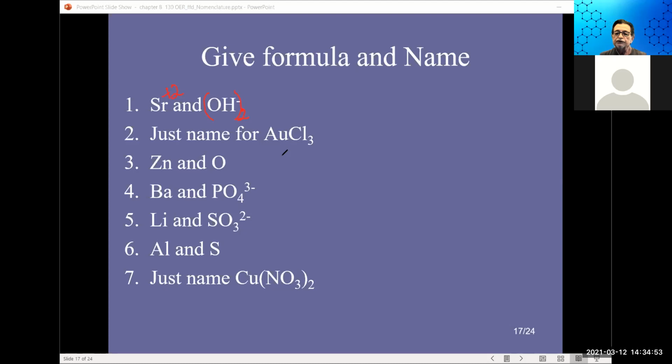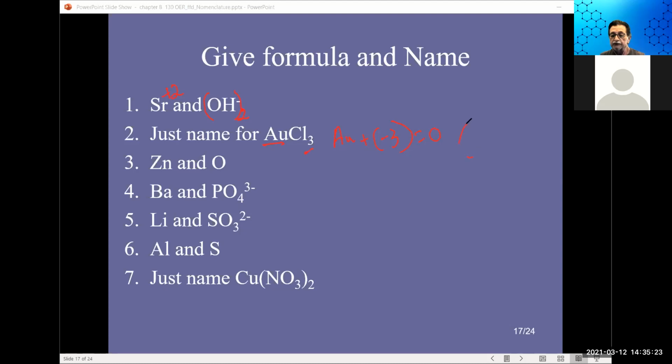We got Au, which is gold. Okay, we don't know which oxidation state this is because this gold is not part of the group 1 or 2, so it's a variable oxidation state. So we've got to calculate that, and so we know that gold is Au plus -3 for the chlorides because we know that each chloride is a -1 and there's 3 of them.